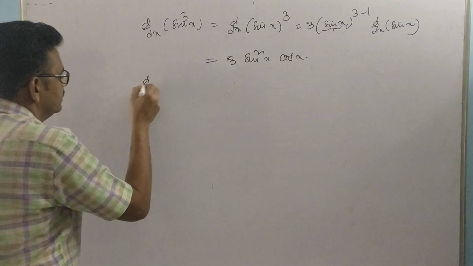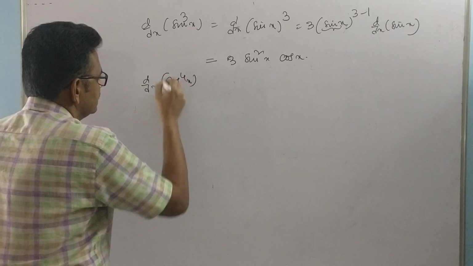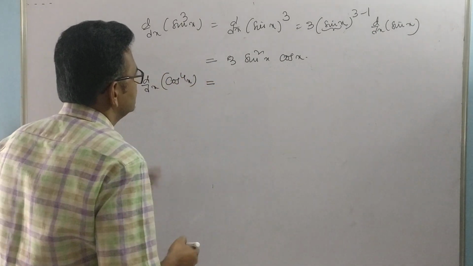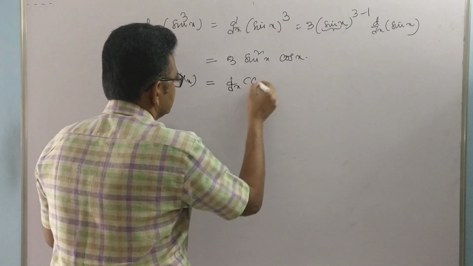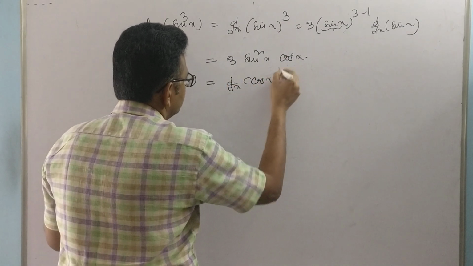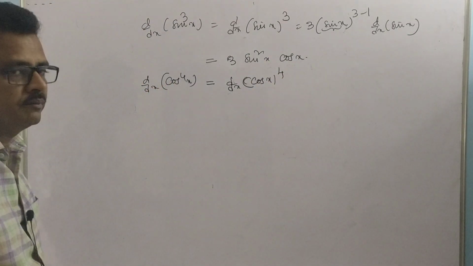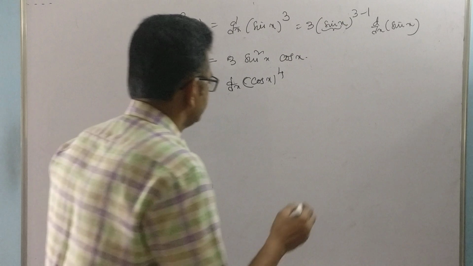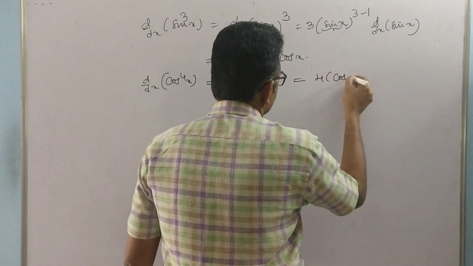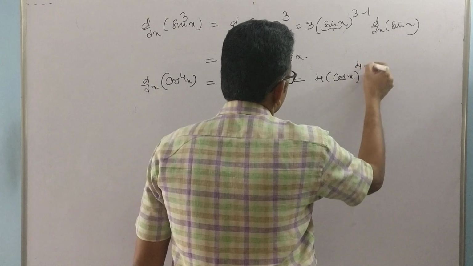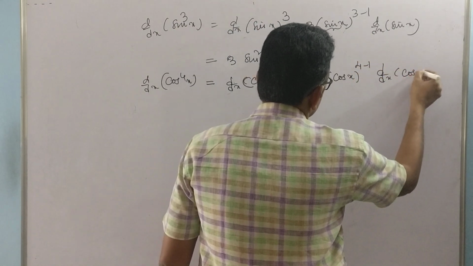If you take the derivative of cos power 4x, this is d by dx of cos x whole power 4. This is n into cos x whole power 4 minus 1 into derivative of cos x.